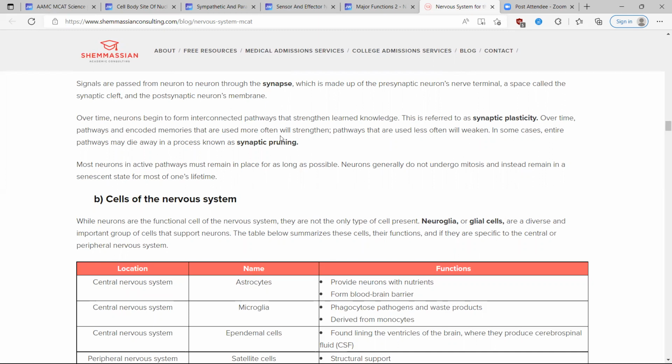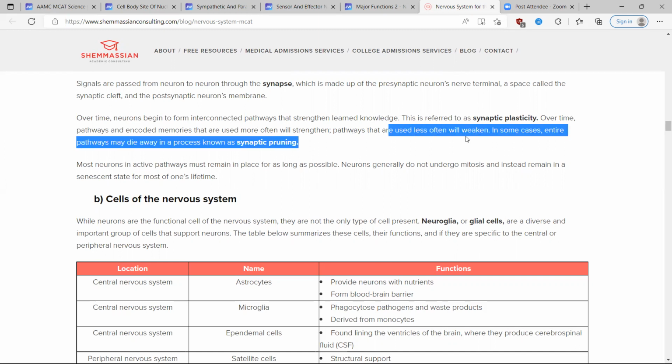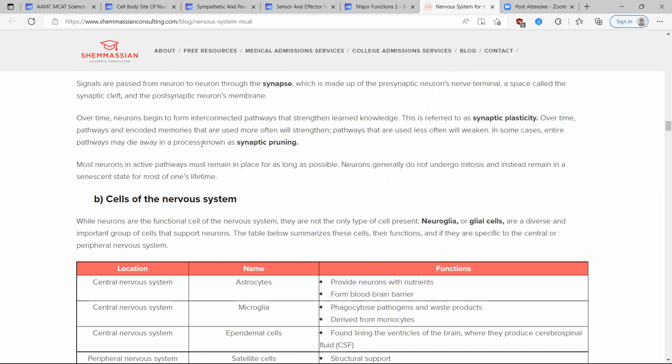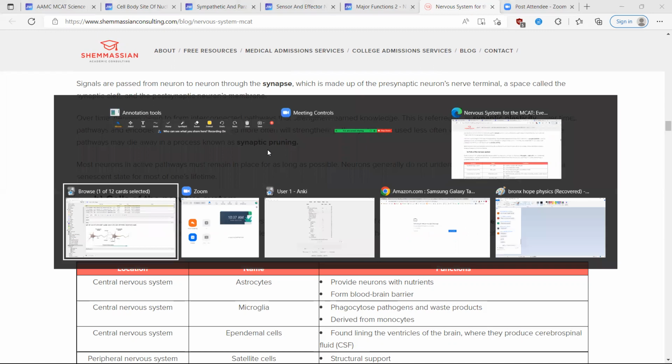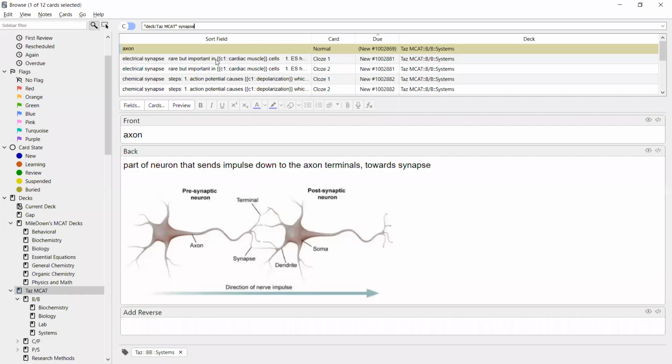The plasticity part means that the parts of your brain that are being used more will strengthen, and pathways that are used less often will weaken, and pathways can even die, and that's called synaptic pruning. So if we look over here, if this pathway doesn't get used that often, then maybe this may just die off or be pruned, so that we don't have this pathway anymore.